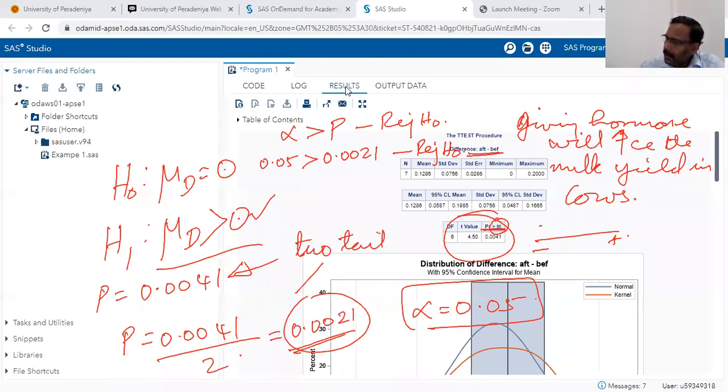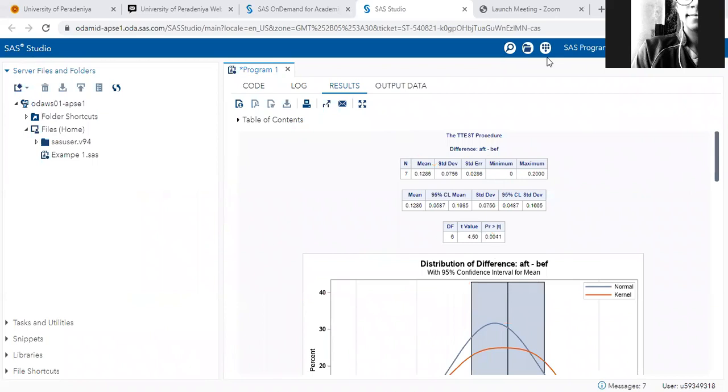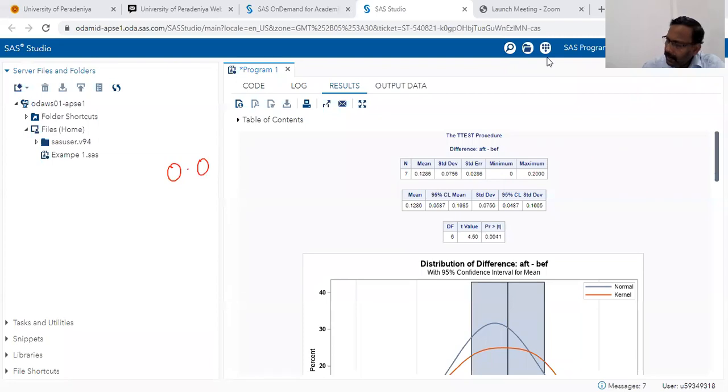Any questions? So it is 0.0021. Yeah, you are right. There's only 1 zero after that, 2.